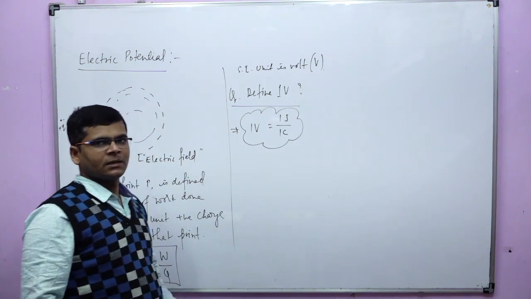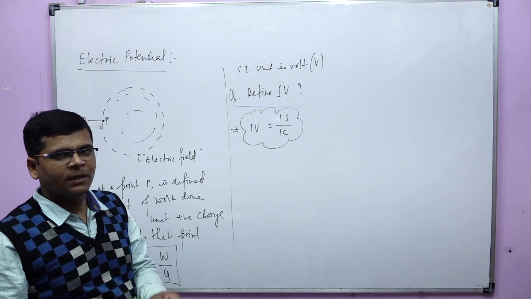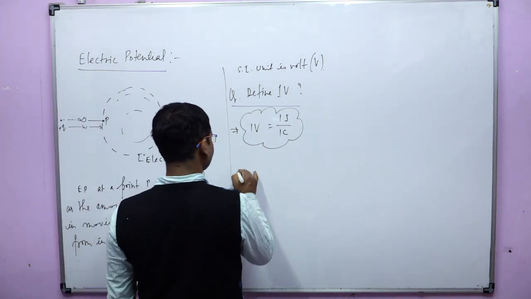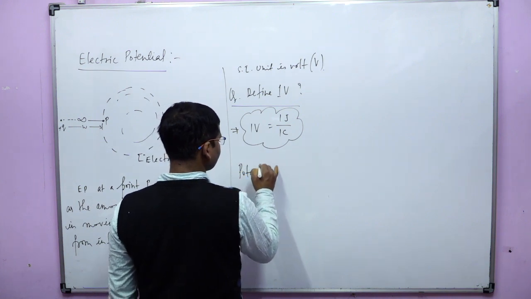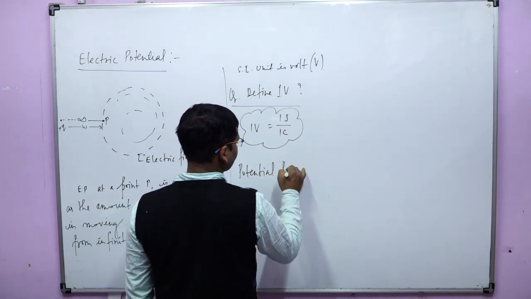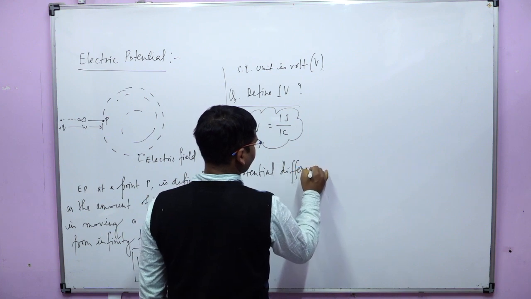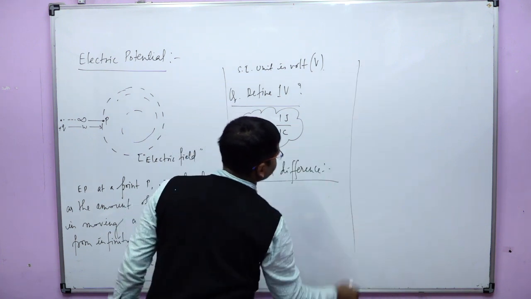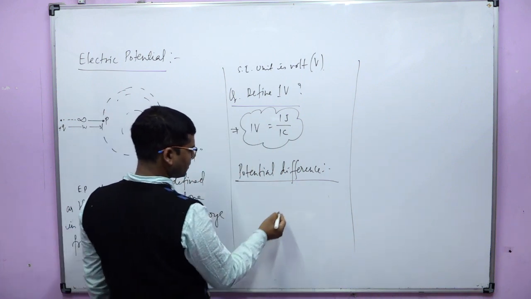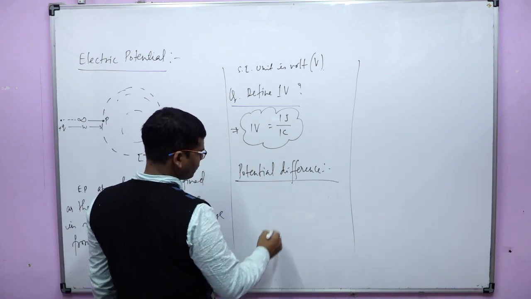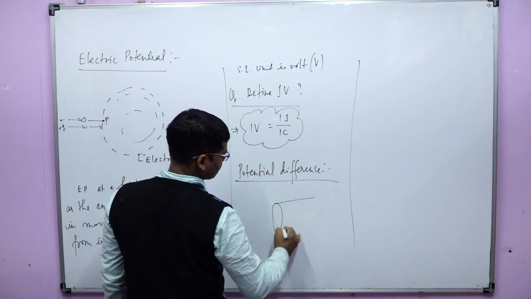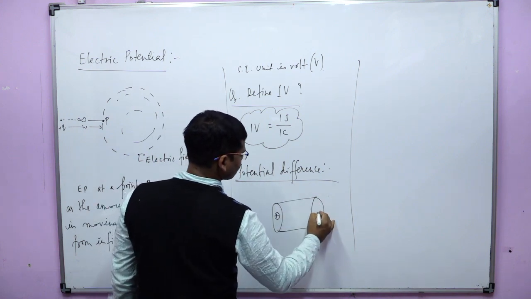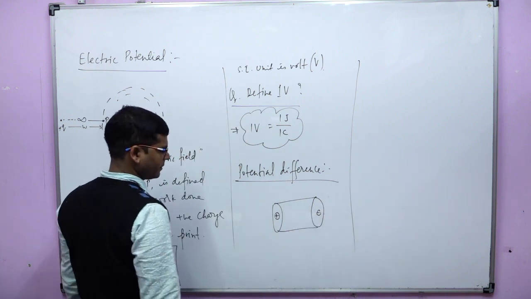Now, related to this, we have a topic, potential difference. This is very, very important. Suppose you must have seen a cell. It has positive and it has negative.